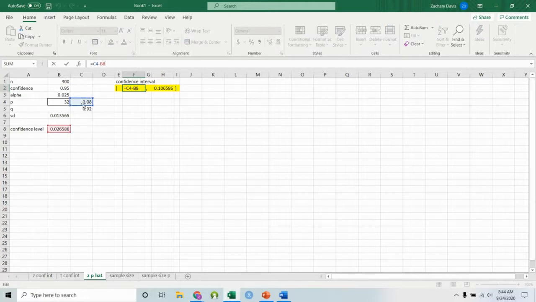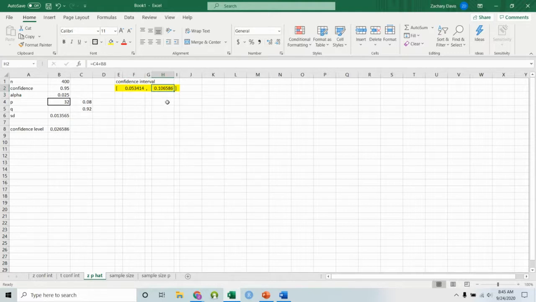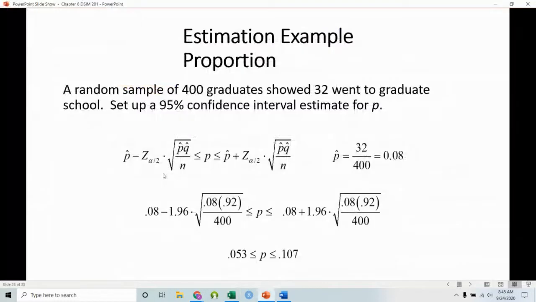So p of 0.08 minus our confidence level gives us the lower bound for that confidence interval, and p of 0.08 plus our confidence level gives us the upper bound. So that's how we can find the confidence level. Not quite as simple as using just a single formula when doing it with a proportion.